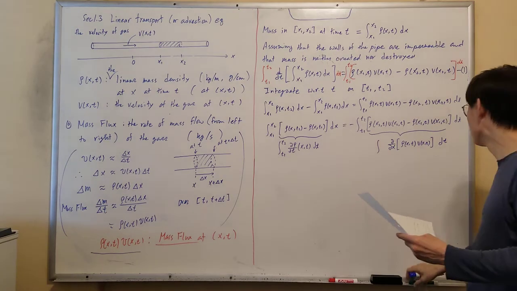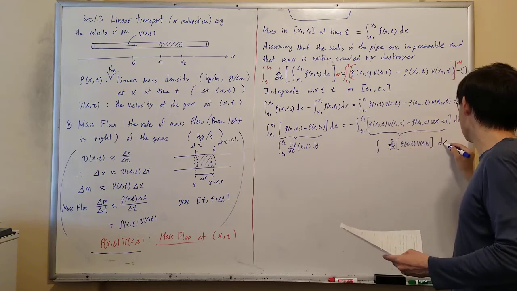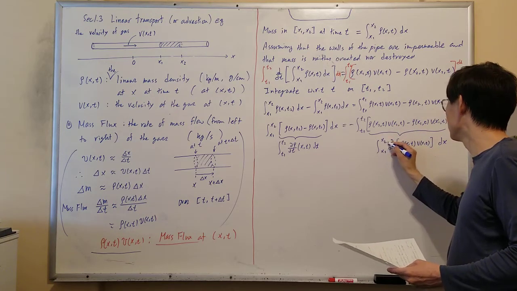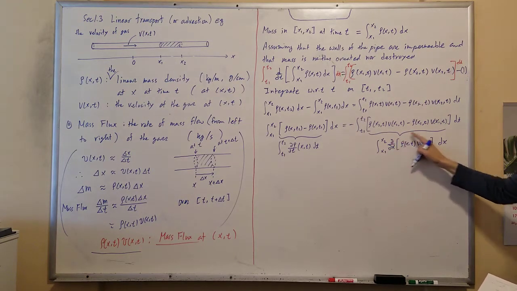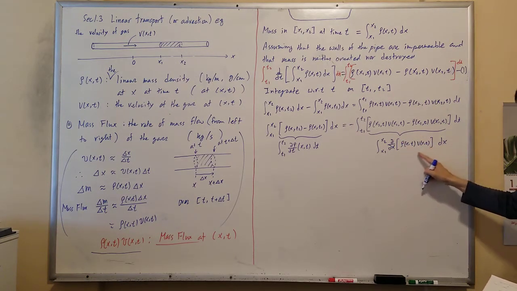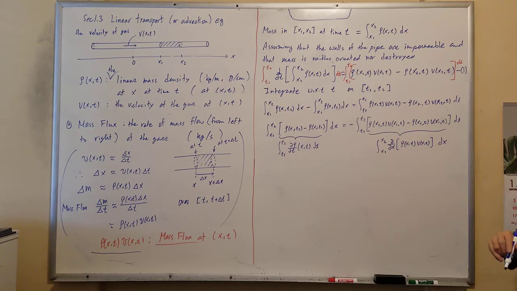No, this is x, I'm sorry, x partial. The x partial derivative, so the antiderivative of this will be this, from x1 to x2. All right?